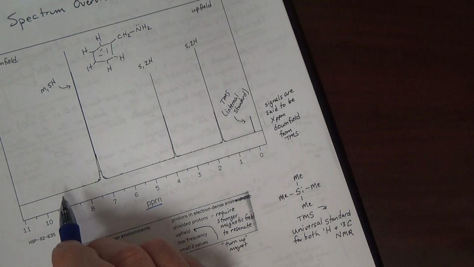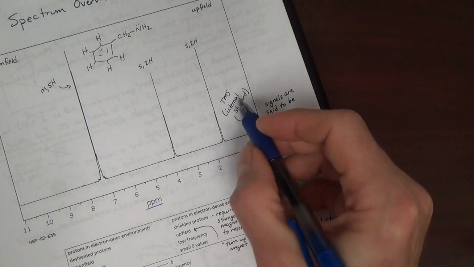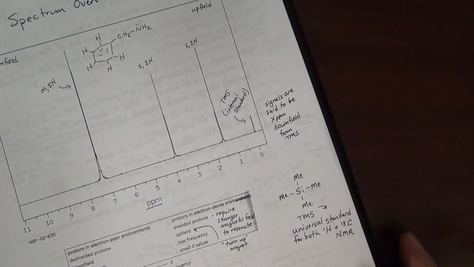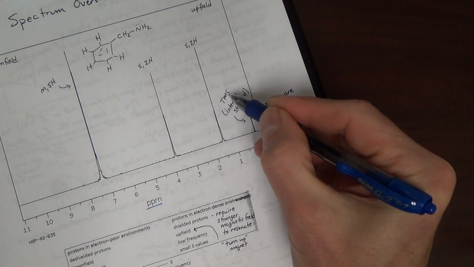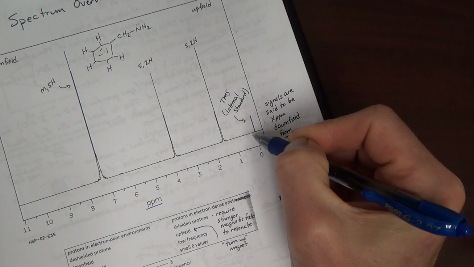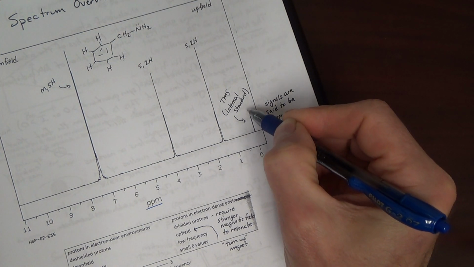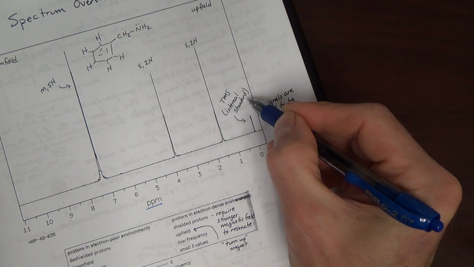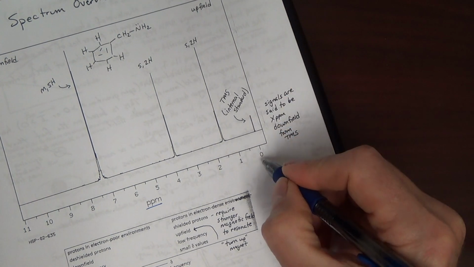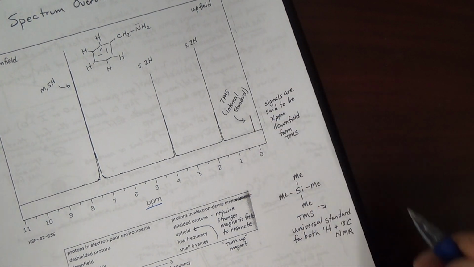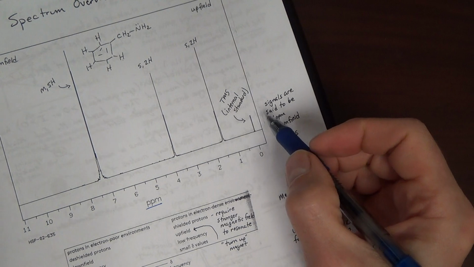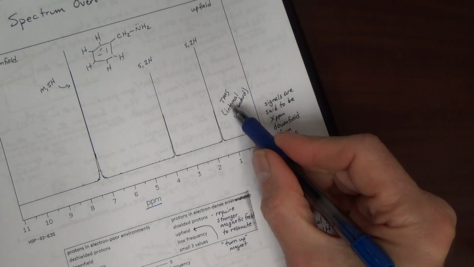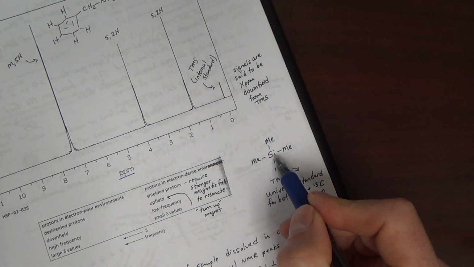Now, with any NMR you run, you need to include an internal standard. The internal standard sets the baseline. And we typically set the internal standard at 0 ppm. The most common internal standard is TMS. Shown here, it's a silane. Silicon is just below carbon in the periodic table.